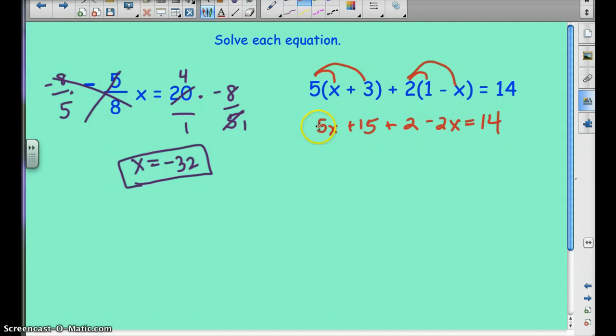Okay, so what we're going to do from here is combine like terms. So 5x minus 2x is going to be 3x. And then we have 15 and 2, which is 17.